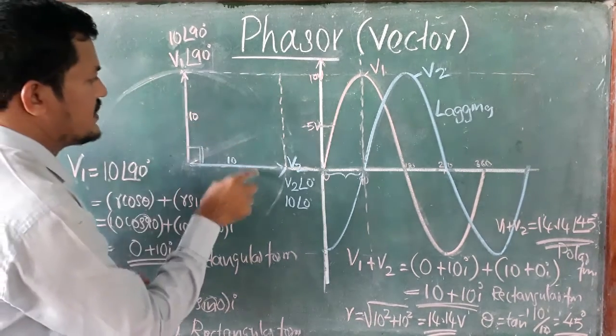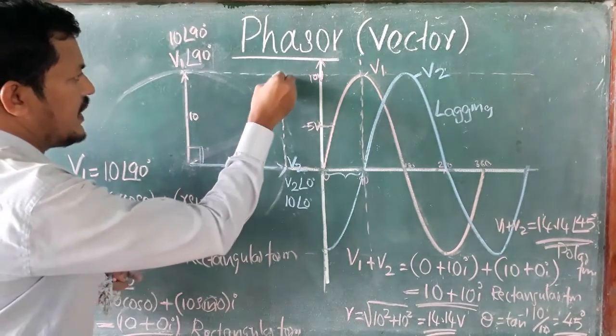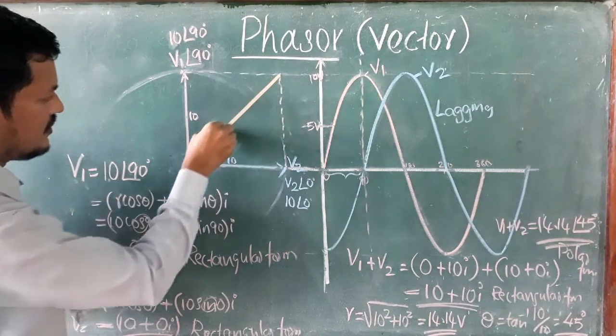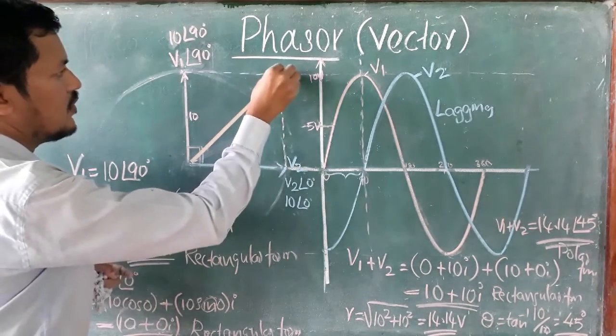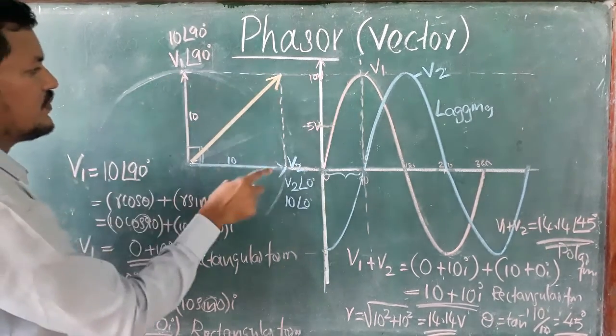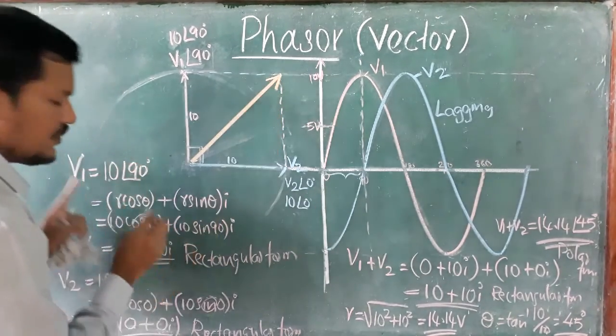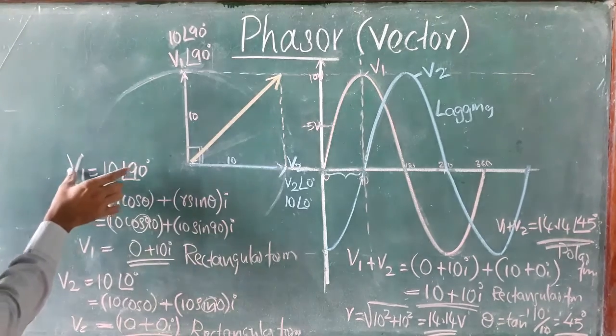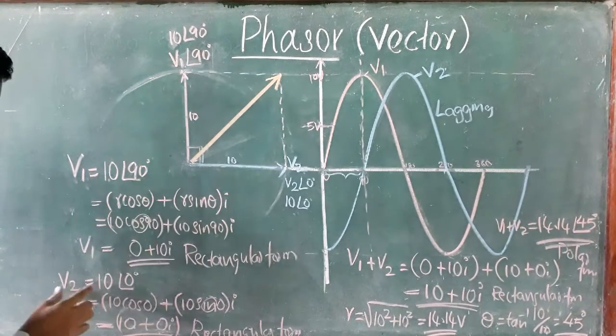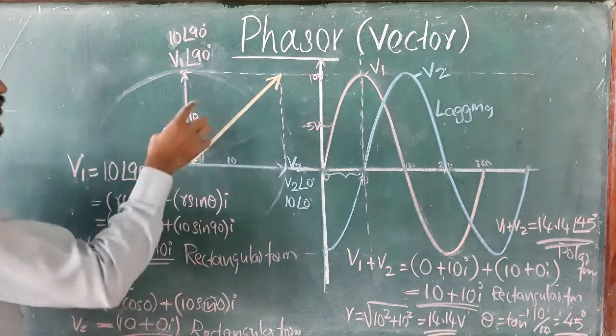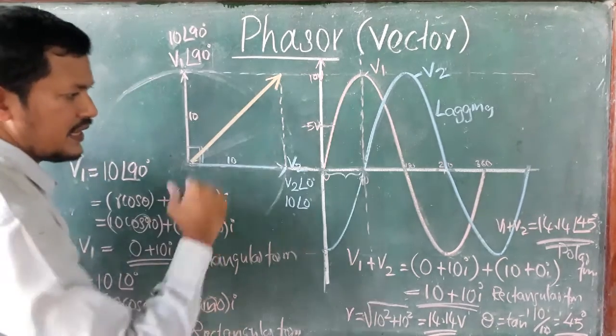Now the answer is two phasors added by the parallelogram method. This is the output waveform. V1 plus V2 added by the parallelogram method, this is the output. Same as we did here: first V1 taken in polar form, V2 taken in polar form, then converted into rectangular form and added.